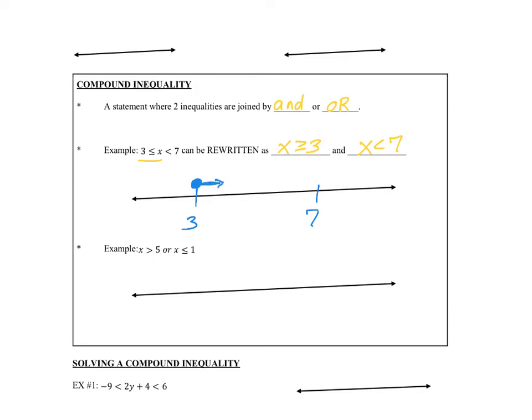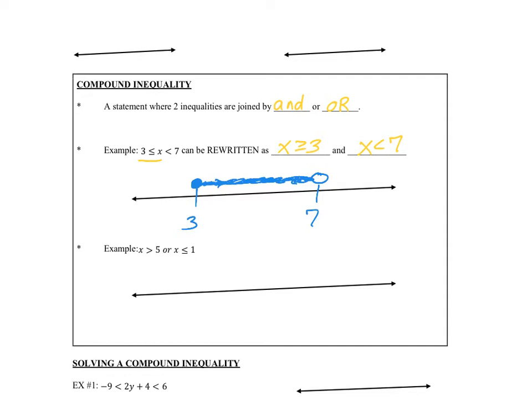Okay, and then we have x is less than or equal to 7. So less than would mean it's going to be open, and numbers less than 7 go to the left. So these arrows point towards each other, which means it's shaded in between here. Okay, so they're shaded in between towards each other.